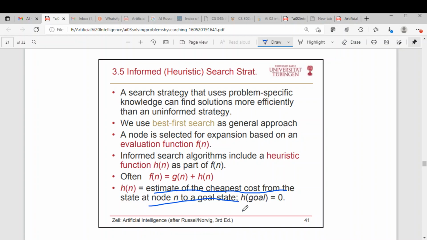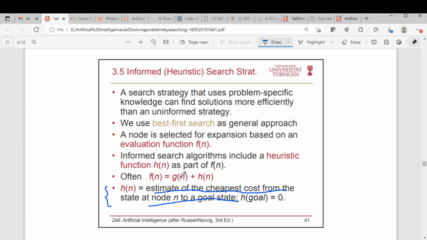That is how for these algorithms we define the heuristic function. It can be defined in different ways for different algorithms, but for these algorithms, we define it like this. It is an estimate, it is not the fact.